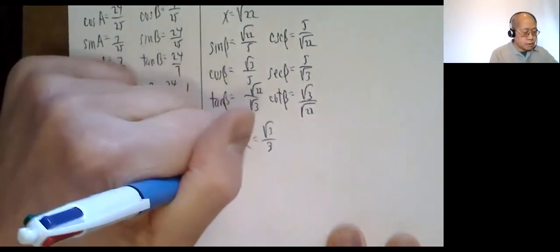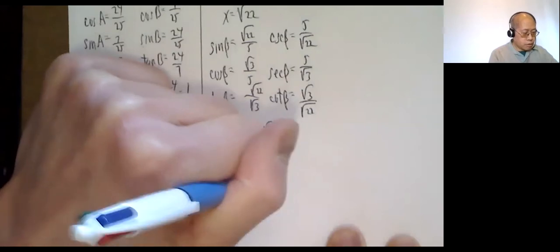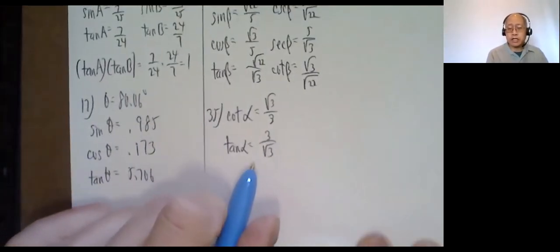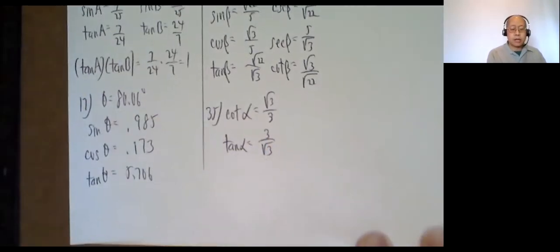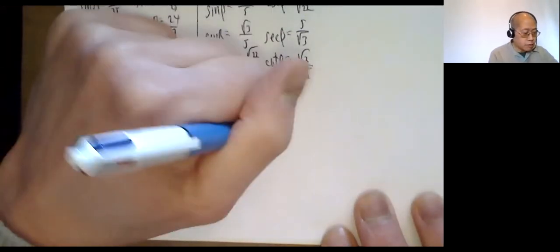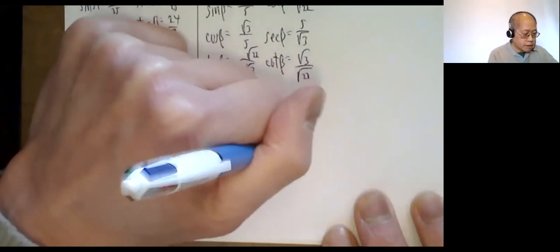Flip it. Tangent alpha is 3 over radical 3. Now, here's an instance where it's actually worth it to rationalize the denominator, if you see this number and this number is the same, and I'll show you why. From algebra, to rationalize the denominator, you multiply the top and bottom by radical 3.